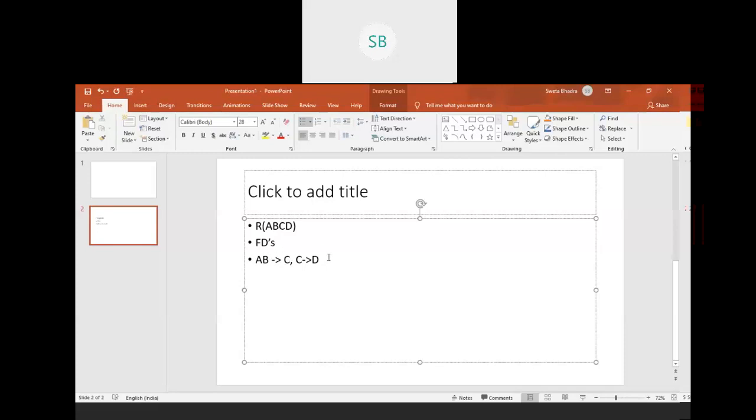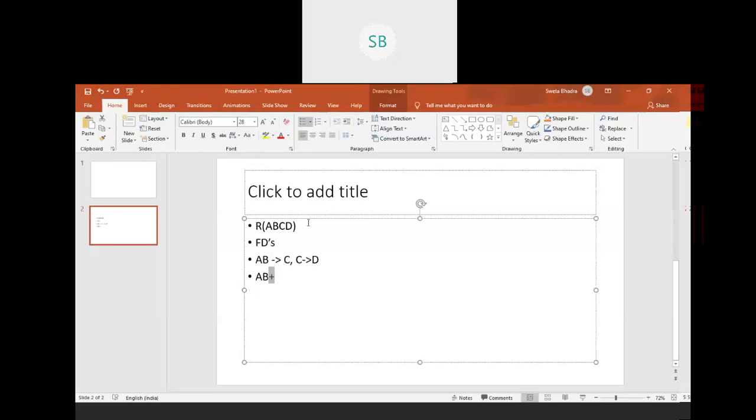How do we find the candidate key? We have to find the closure of something. Suppose we take the AB closure, written with a superscript plus sign.